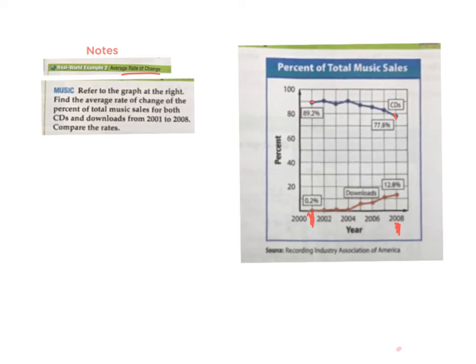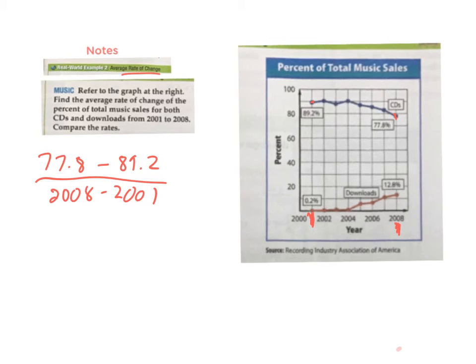So our change in y is roughly 77.8 minus 89.2. That's our y values. And then our x values are just 2008 minus the 2001, because that's the x values. That's along the x-axis, and here's the y.